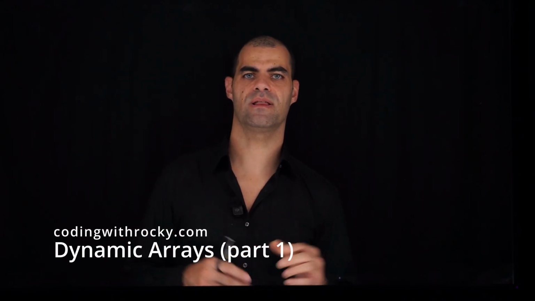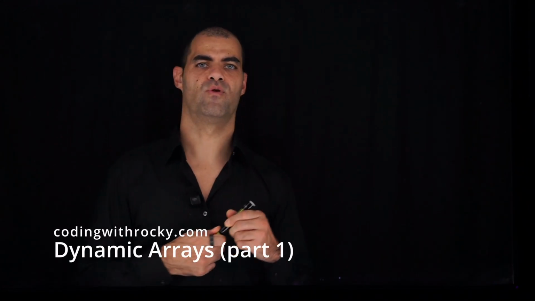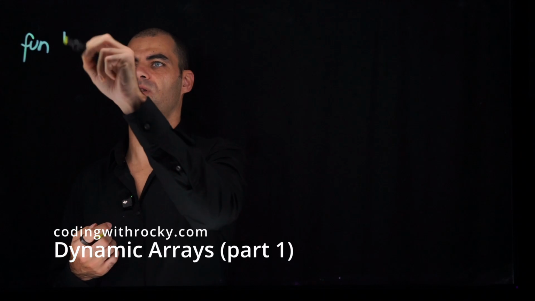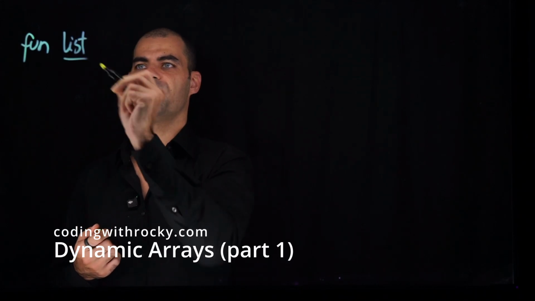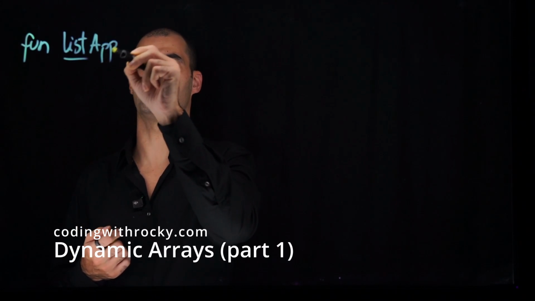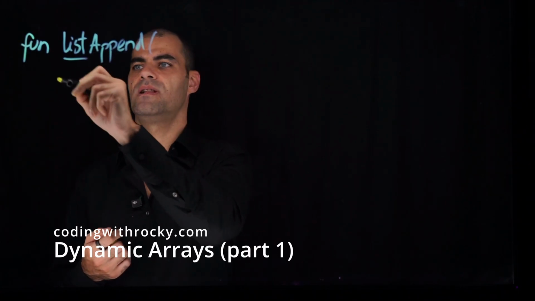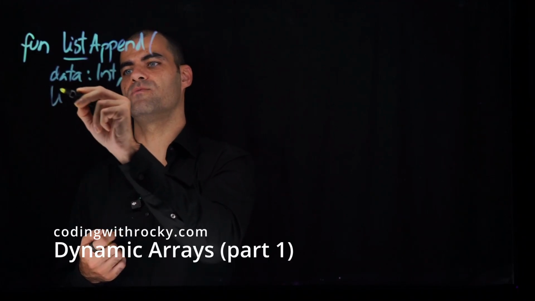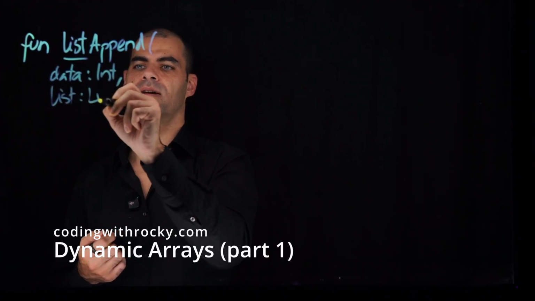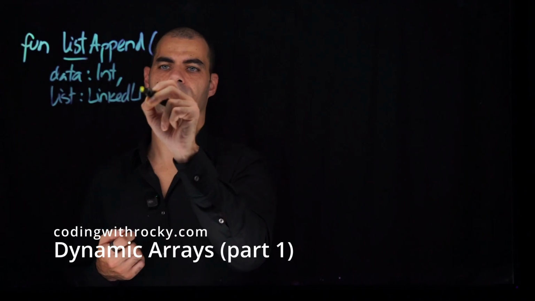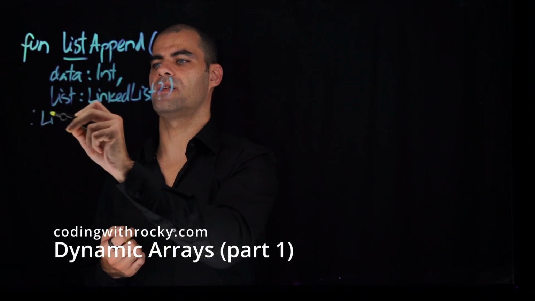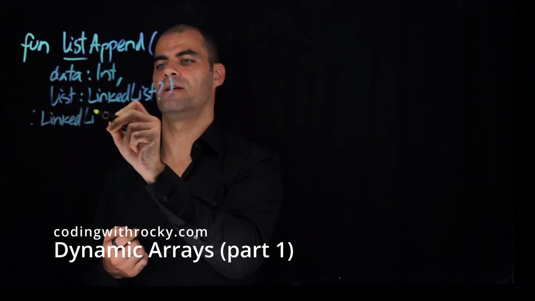Currently we were using more of a functional way. Our functions had this prefix list, and then it would be called, let's say, append, for example, and then you would pass the data as an integer, and then you would pass the list here, linked list, and we would return a linked list like this.